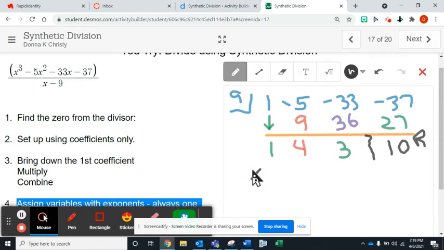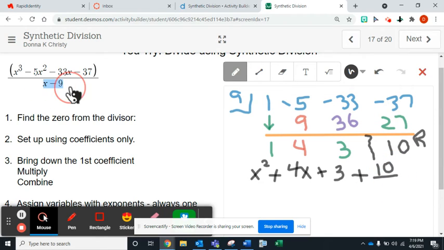So it's going to be x squared plus 4x plus 3. So see how I got that's 1x squared, 4 times x, and then 3. Because it was x cubed, we got to do 1 less. And then you write the remainder over the divisor.